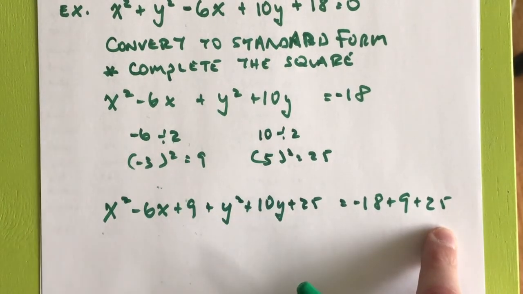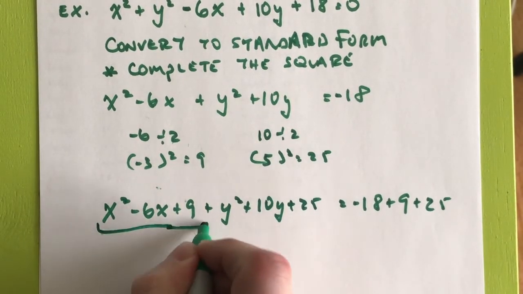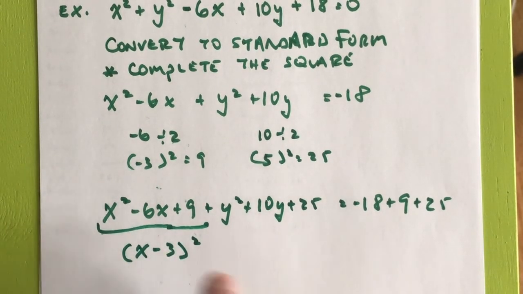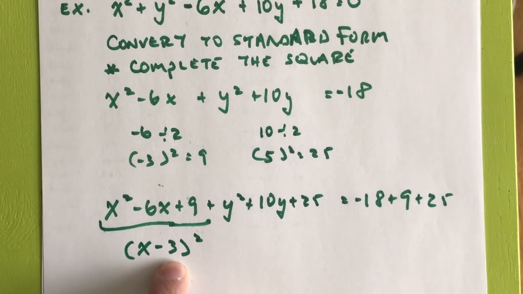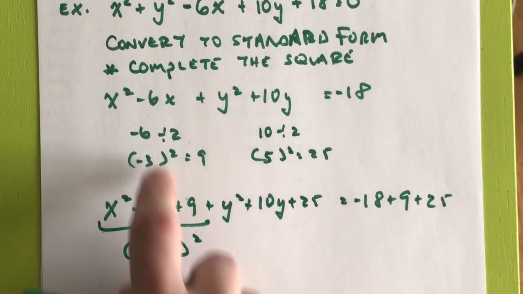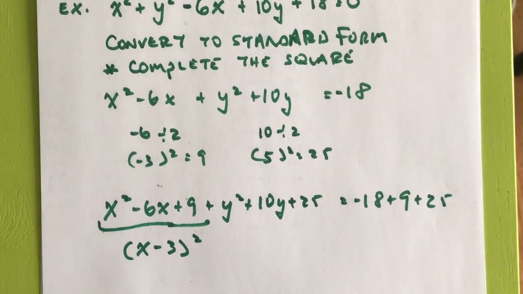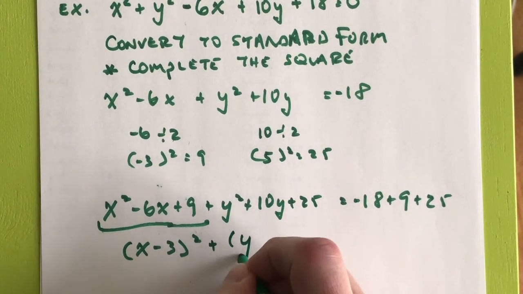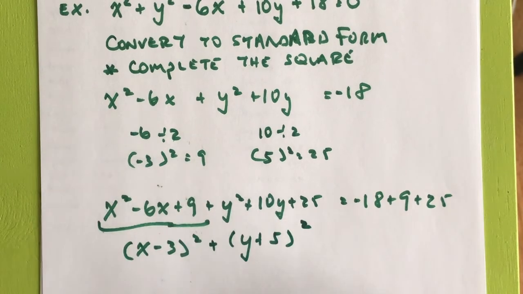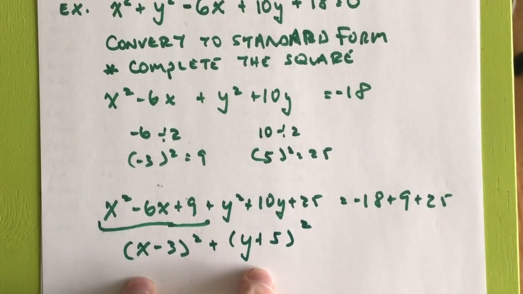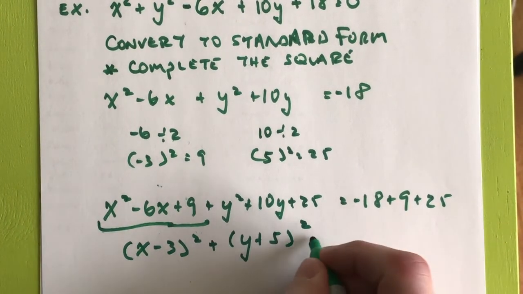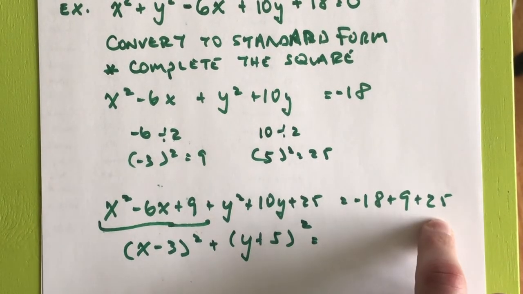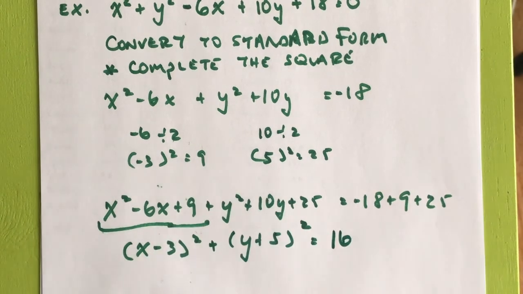That factor of completing the square, I can now turn this into x minus 3 squared. Notice that the linear piece in the binomial, or the constant in the binomial, is half of the b term. Y squared plus 10y plus 25 becomes y plus 5 squared. Getting back to our standard form of a circle. -18 plus 9 is -9, plus 25 is 16.